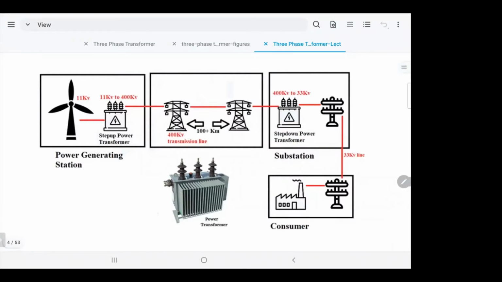It could be a steam turbine or a nuclear reactor. Anything that boils the water to get steam, and the steam starts to rotate the turbine, and the turbine is coupled to a generator. Most of the time, all the time, we are using a synchronous generator, and that's why we're also going to study the synchronous generator this semester.